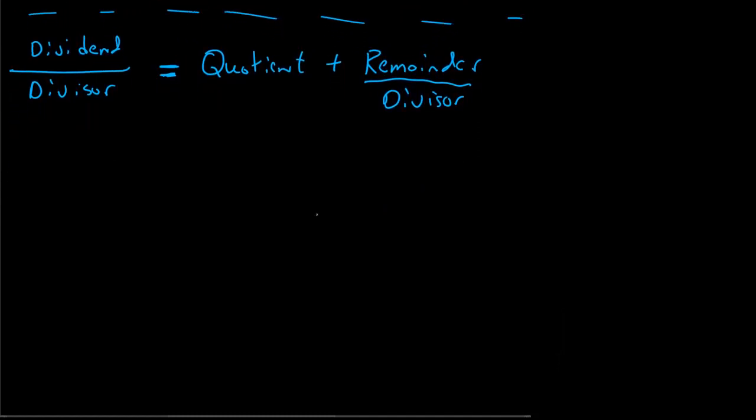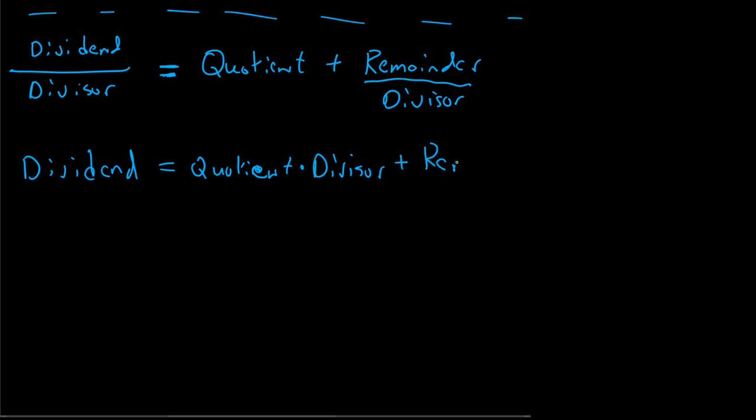Well, if I treat this as a very ad hoc equation, I can multiply both sides by the divisor. So I multiply both sides by the divisor. I get the quotient times the divisor plus the remainder.